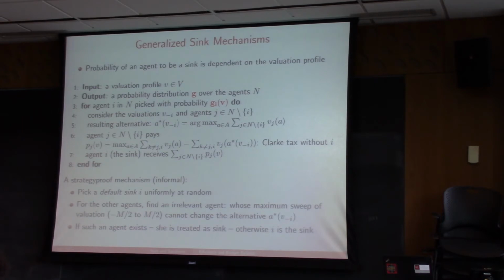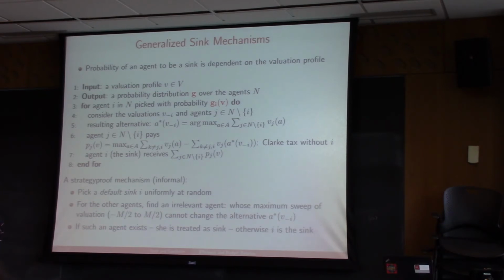But you can do it in a more non-trivial way. For example, I keep aside one agent as a default agent. I first pick uniformly at random every agent, and with that probability I keep aside a default sink, and I look at the other agents and check if there exists an agent whose maximum swing, from minus m by 2 to plus m by 2, does not change the outcome.